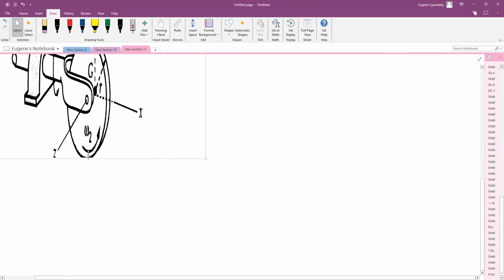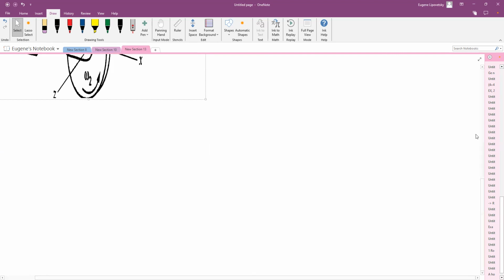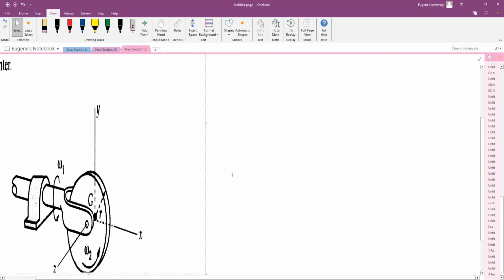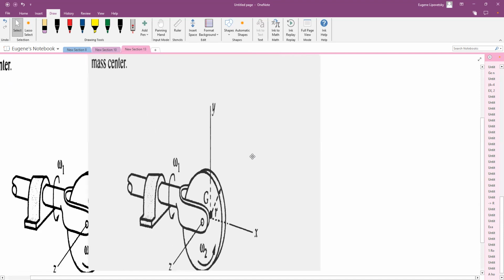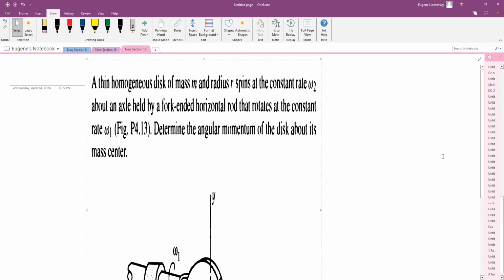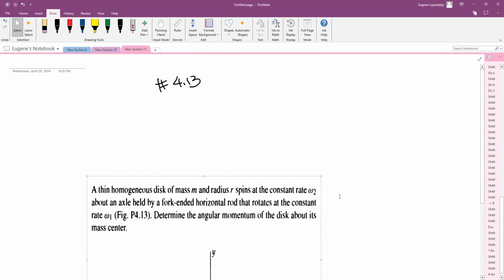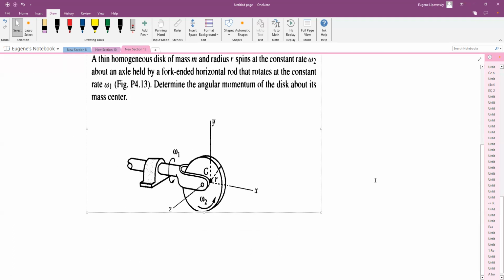Horizontal shrinking achieved. Vertical shrinking is achieved. Almost. Okay. That's better.